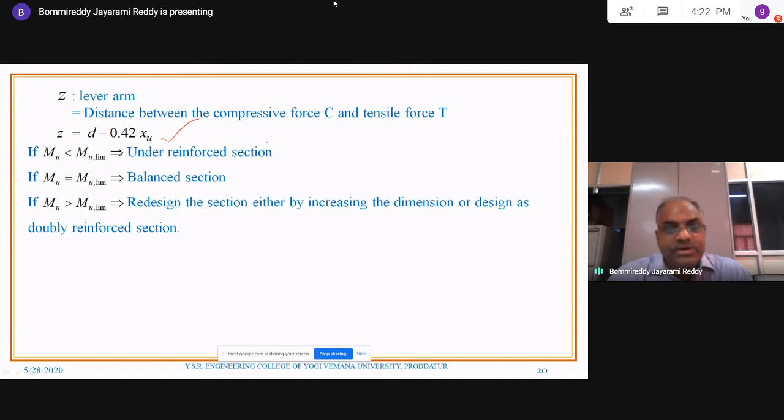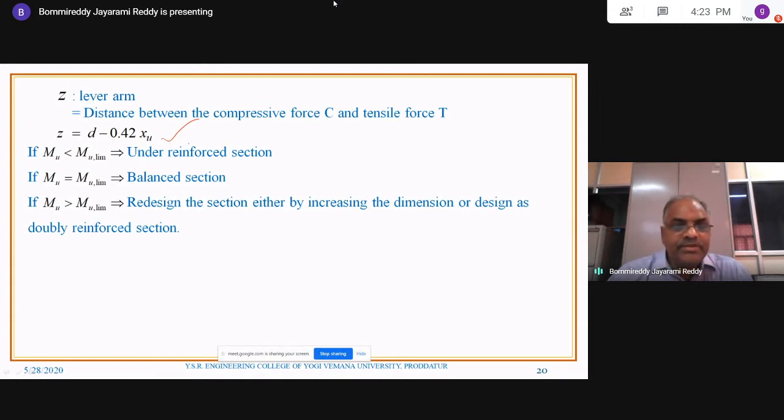Similarly, over reinforced means reinforcement is more than the required. So concrete is weak, concrete fails. So that is called the over reinforced section. Balanced section means both the steel and concrete simultaneously fail. That is called the balanced section. And whatever the points that were discussed earlier, the same points are valid regarding these three different types of sections.